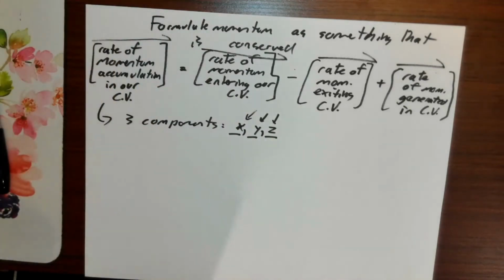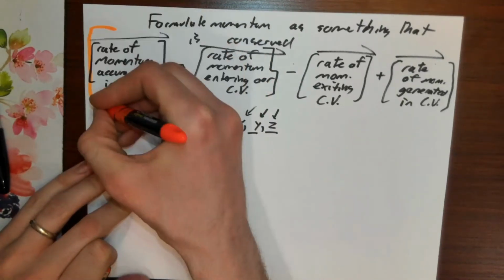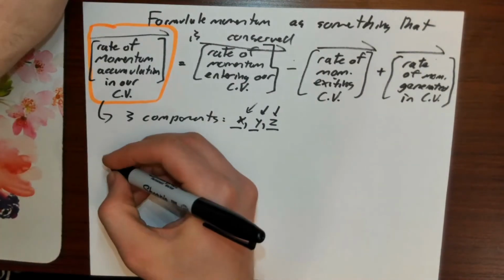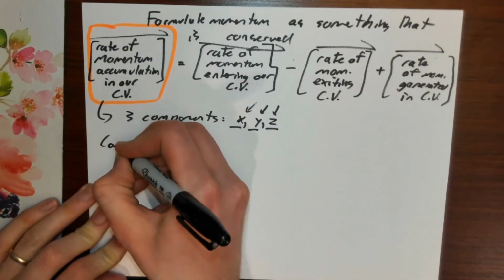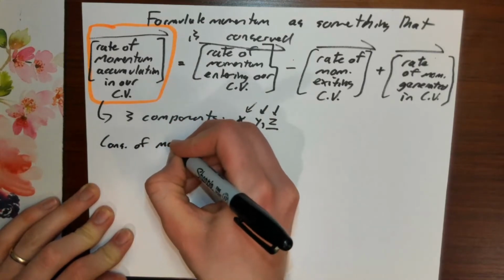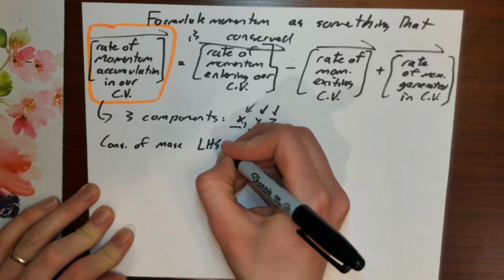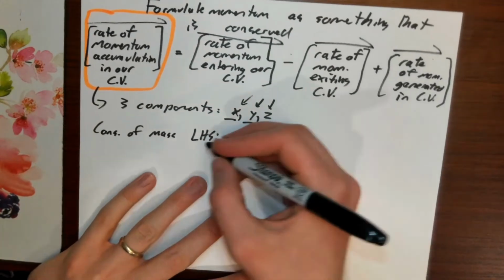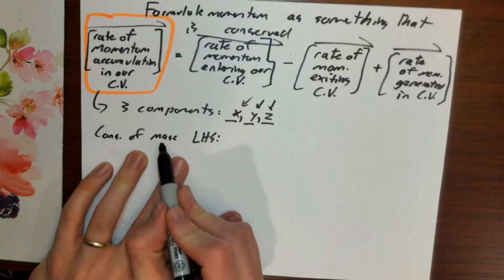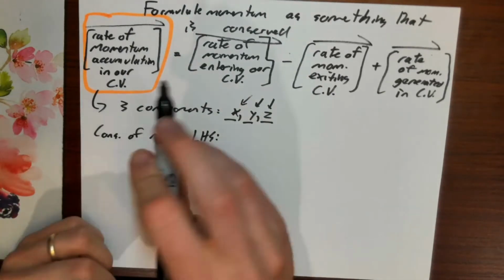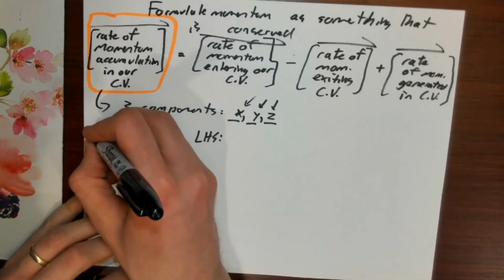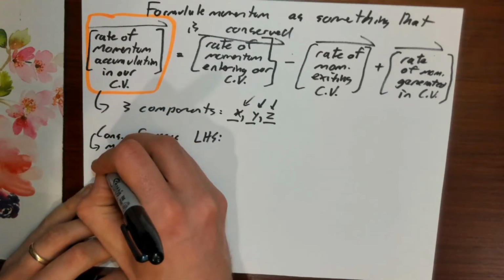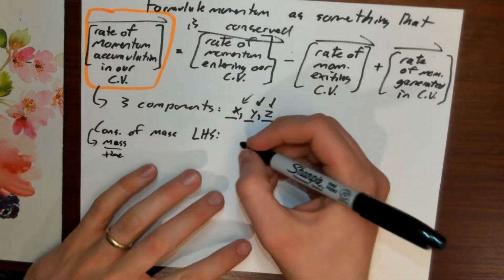So let's do the left-hand side first. And so what I'm going to do first is put down conservation of mass. So first, let's do the conservation of mass, left-hand side. And keep in mind, conservation of mass basically had to have units of mass per time, right?